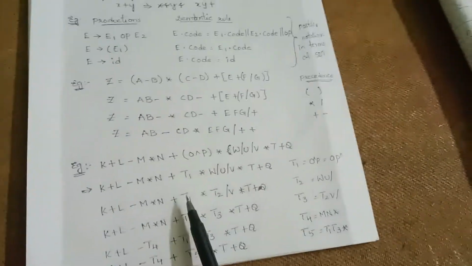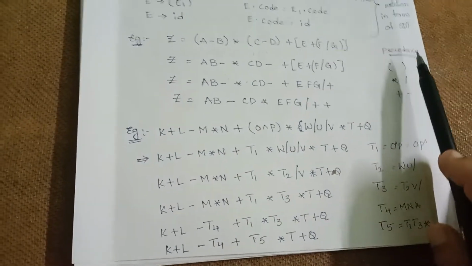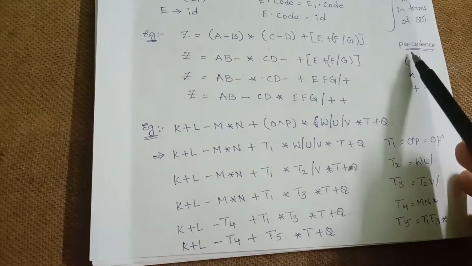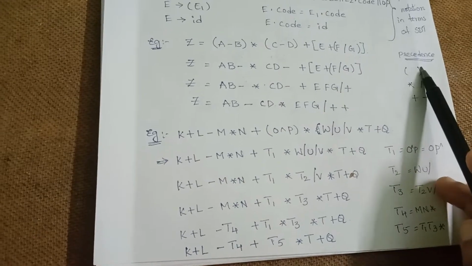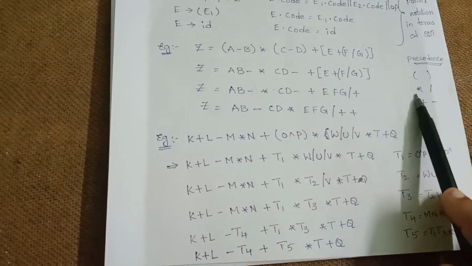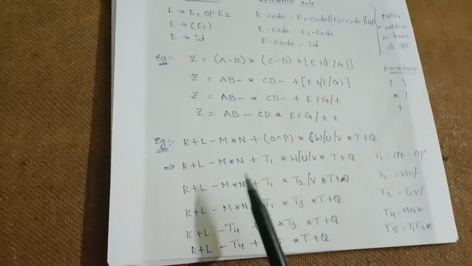So consider this one example. Here we will be shifting according to the operator precedence. The precedence will be according to the BODMAS rule. So the first preference will be given to the braces, then next star and division, and next plus and minus.